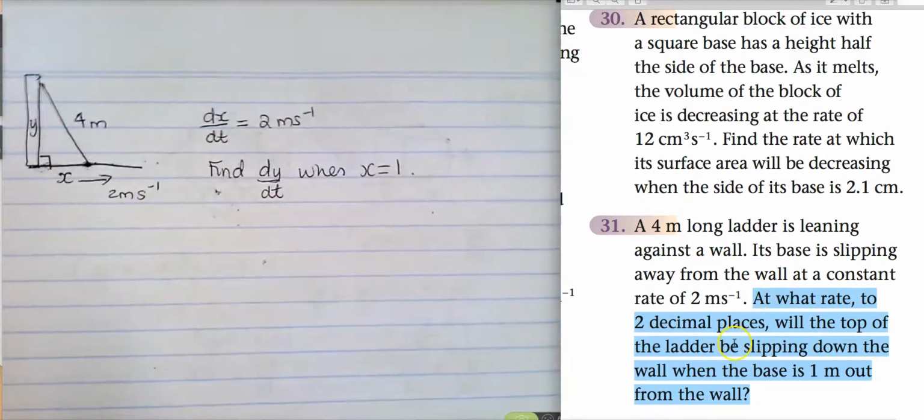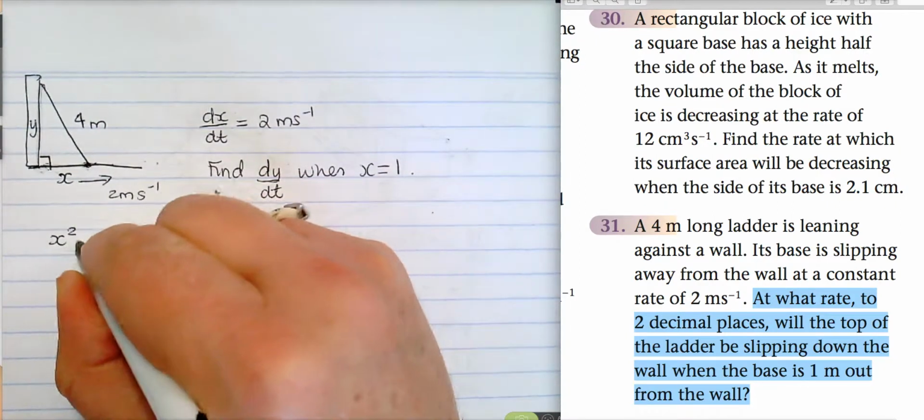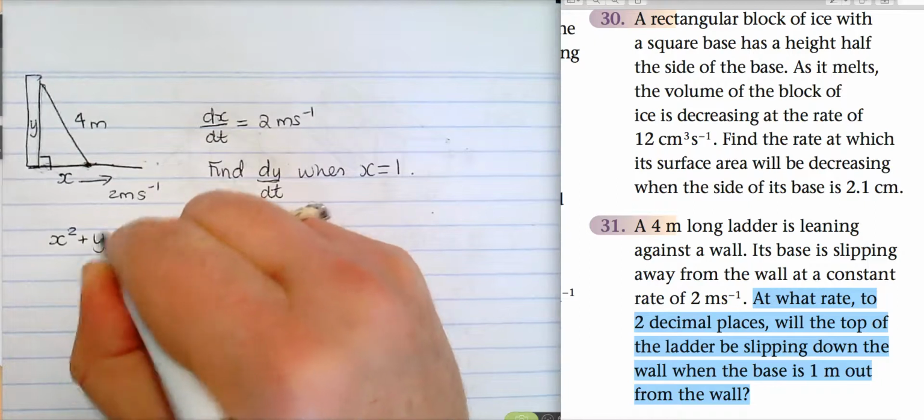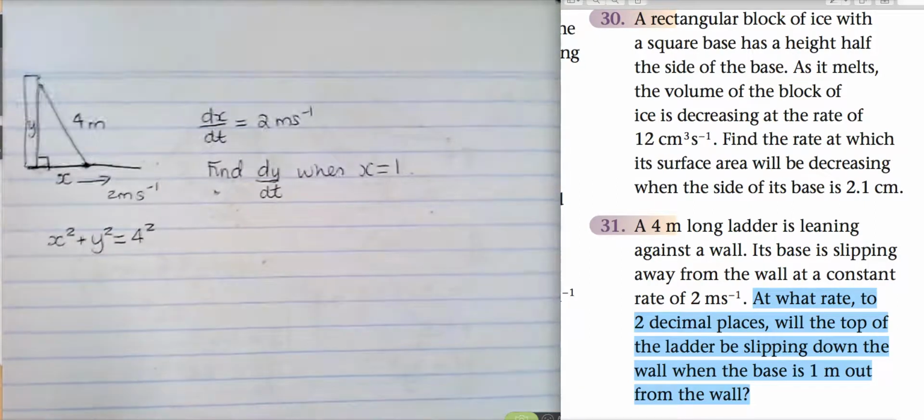The problem is we don't know what y and x are. How can we find what y and x are? Pythagoras' theorem. So you'll come up with expressions for y and x using Pythagoras' theorem. We know that x squared plus y squared is 4 squared, or 16.